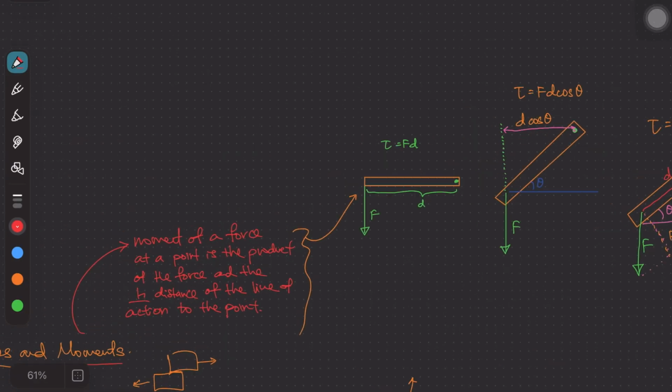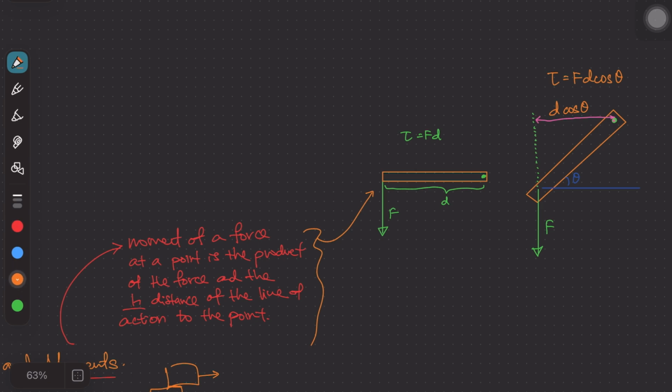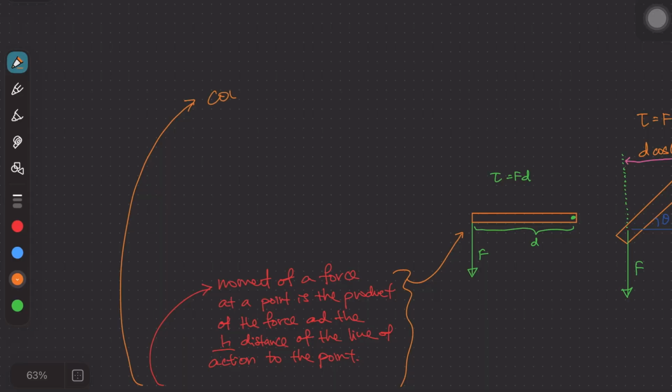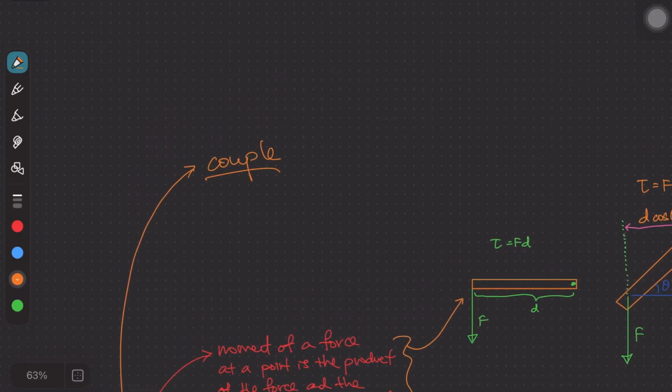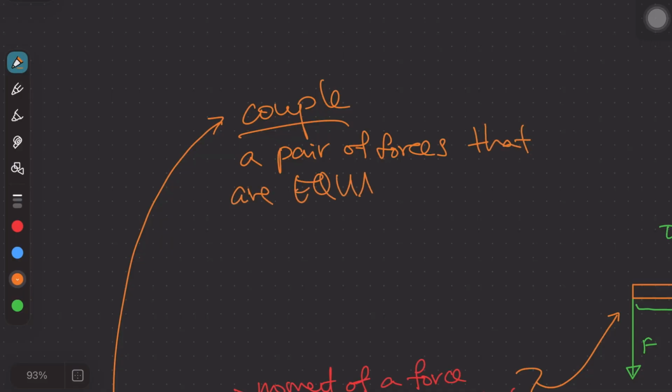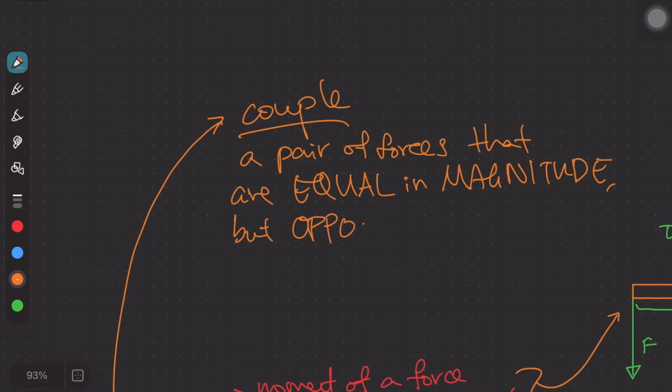The other important concept for moments is this idea of a couple. What is a couple? A couple is a pair of forces that are equal in magnitude but opposite in direction.